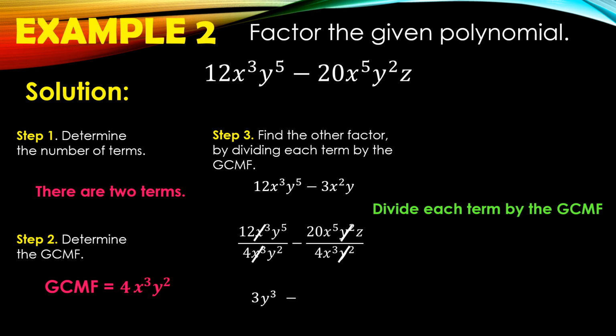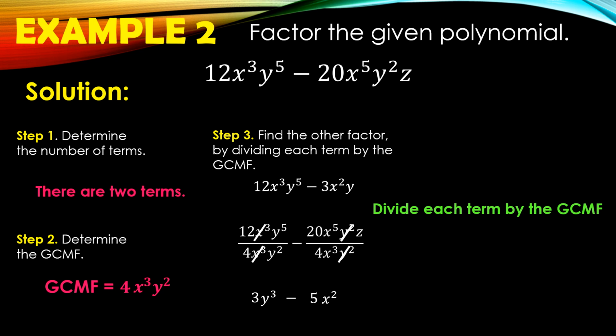Copy the operation minus. Divide 20 and 4. That will give us 5. And then applying the law of exponents again, since x is common, so x raised to 5 divided by x raised to 3.